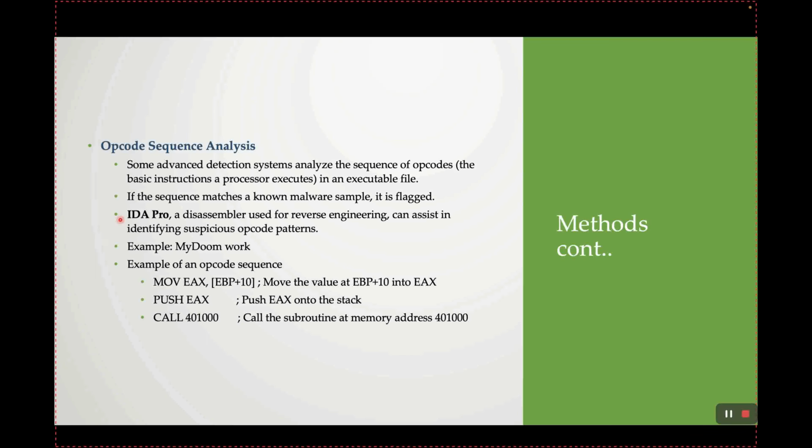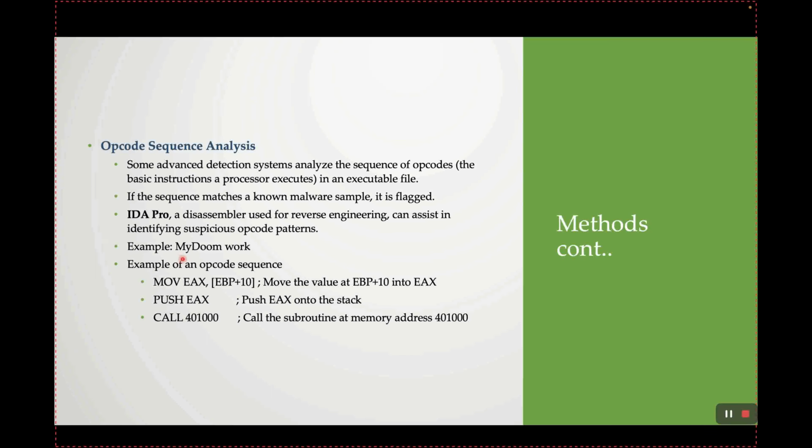Now, to do this, you need software like IDA Pro, which is a very well-known disassembler, also used for reverse engineering. With this software, it can help you identify suspicious opcode patterns.